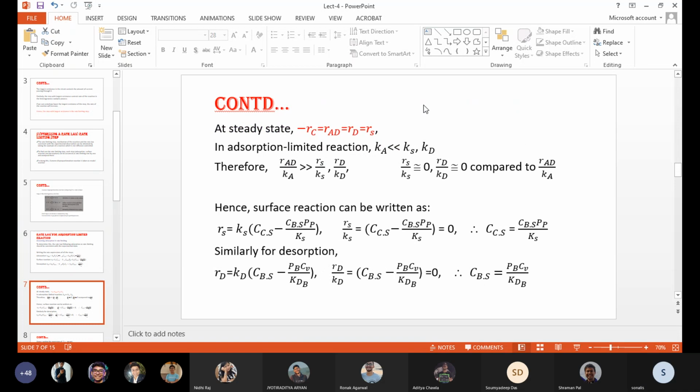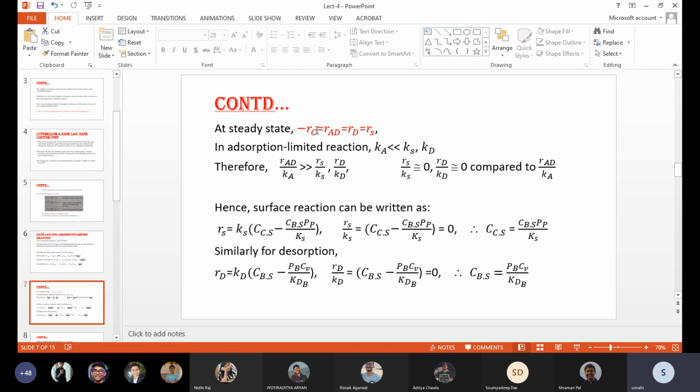Now at the steady state, there is no net rate of formation, but always there is a formation and again the backward reaction to disintegrate the product. So there is no net rate of formation, and all the rates are equal to the overall rate of the reaction.